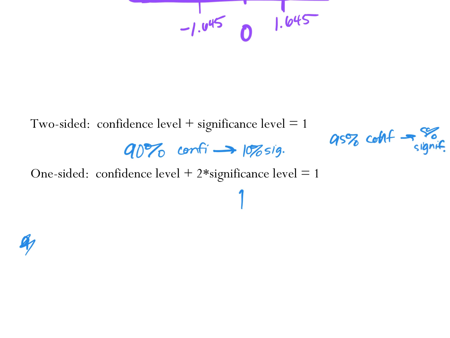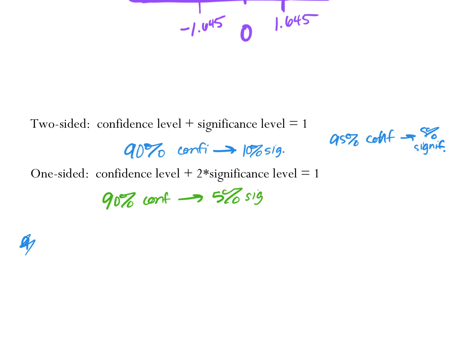But if it's a one-sided test, 90% confidence would go with 5% significance, because you would have 5% on each side. And that shows up in your homework.